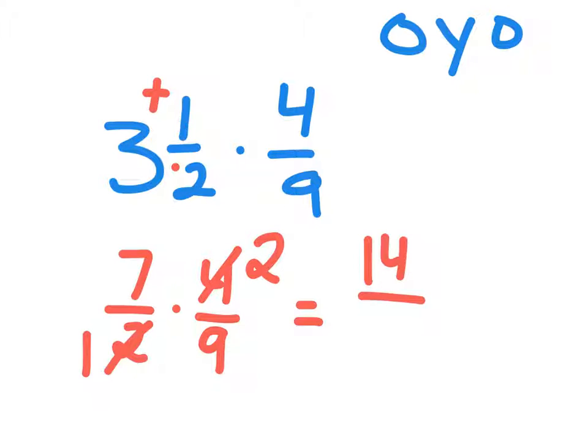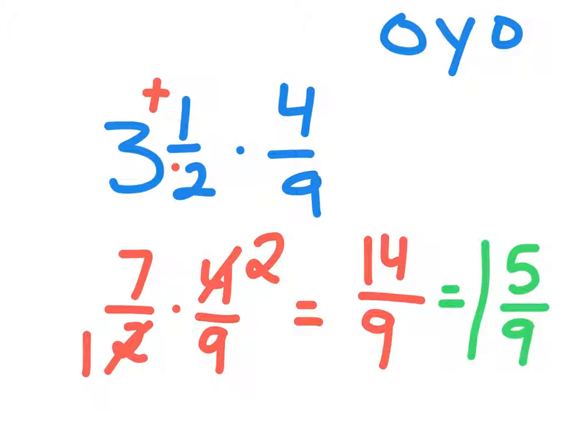And multiply your denominators. 1 times 9 is 9. The last step that we need to do is put this back into a mixed number by asking ourselves, how many times does 9 go into 14? 9 goes in one whole time, and it has 5 out of 9 left over. So if you got this answer correct, you should have 1 5/9.